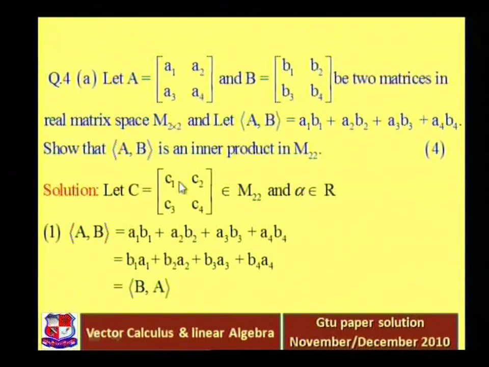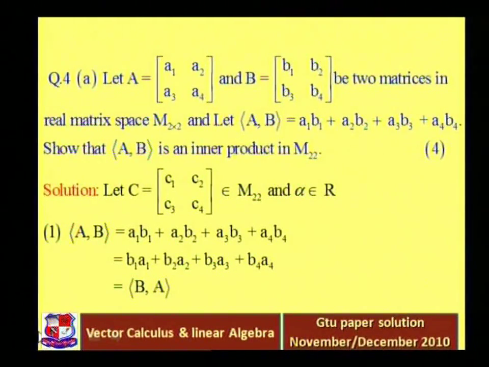Let C be the matrix C1, C2, C3, C4 belonging to the set of 2 cross 2 matrices, and let alpha belong to R. So inner product AB is equal to A1 B1 plus A2 B2 plus A3 B3 plus A4 B4, that is equal to B1 A1 plus B2 A2 plus B3 A3 plus B4 A4, that is equal to inner product BA. So inner product AB is equal to inner product BA.